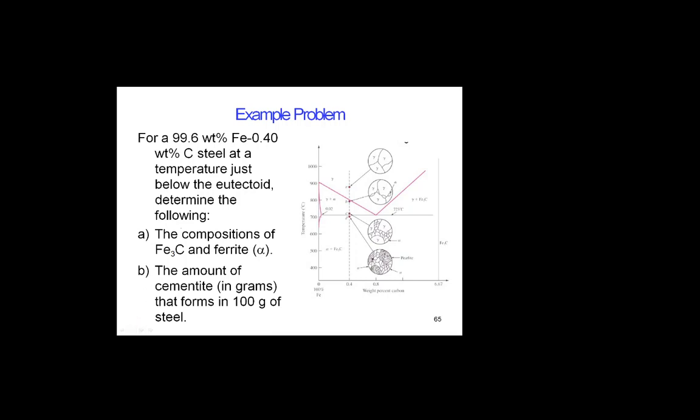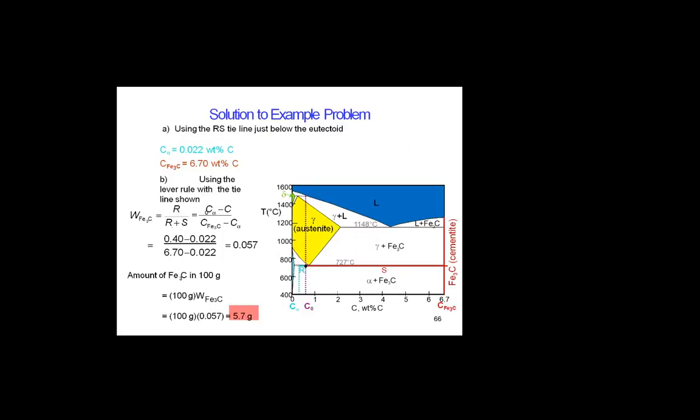So what we need to do is find the composition of Fe3C and the ferrite alpha, and the amount of cementite in 100 grams of steel, as we talked about. By the lever rule, we can find the data, and by using this RS tie line, you can see this is the R, this is the S tie line.